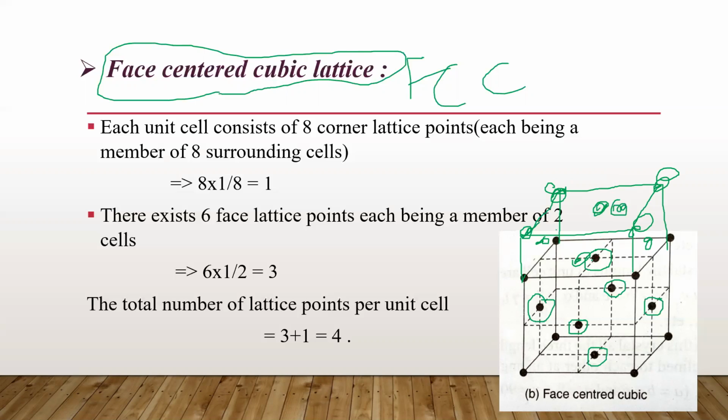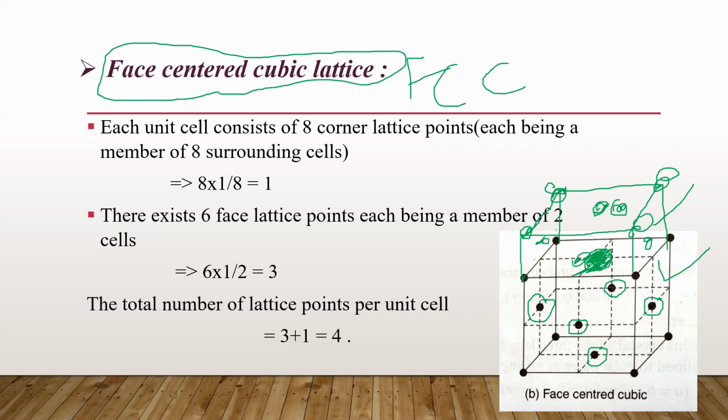So 6 atoms. This face atom here, this face-centered atom of our bottom cube, will be shared between this unit cell and this unit cell, the top one and the bottom one. That means it is shared among 2 unit cells.